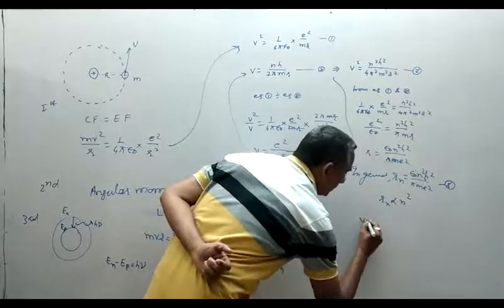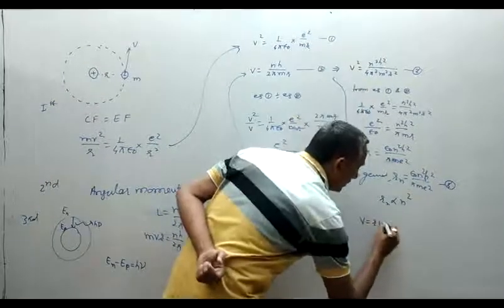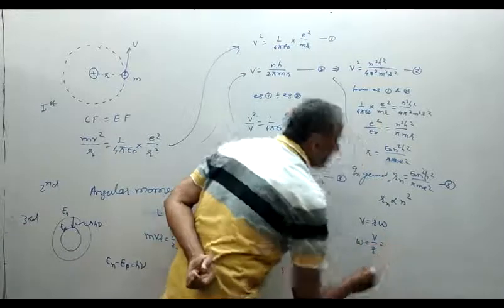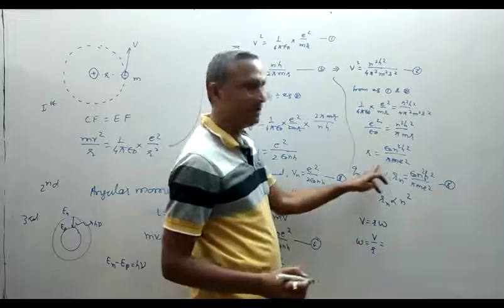Now we know the formula for velocity for circular motion of an electron: v is equal to r omega, so omega is equal to v upon r. Now we know the value of velocity of electron and radius of electron.